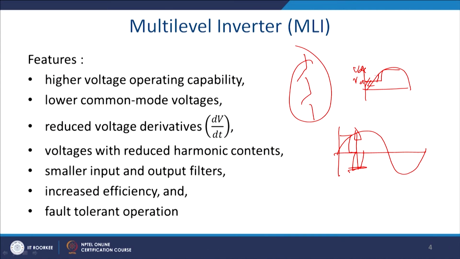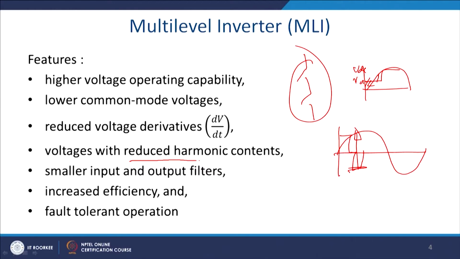If you go to the 3 level inverter and higher levels, this instantaneous error diminishes. Due to that, the harmonic content will be reduced, and thus you require a smaller size filter to eliminate it.